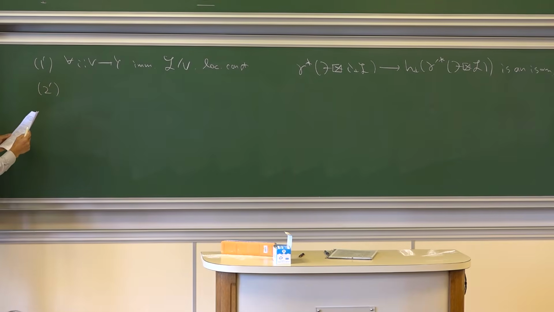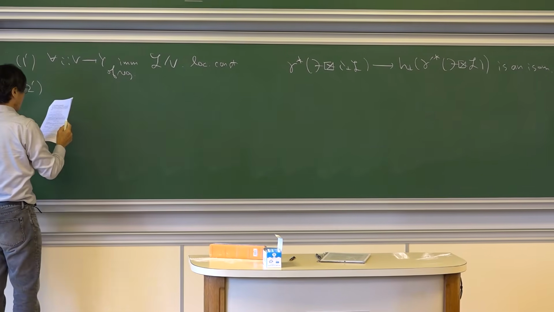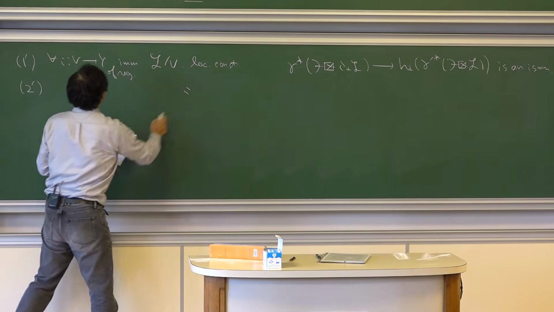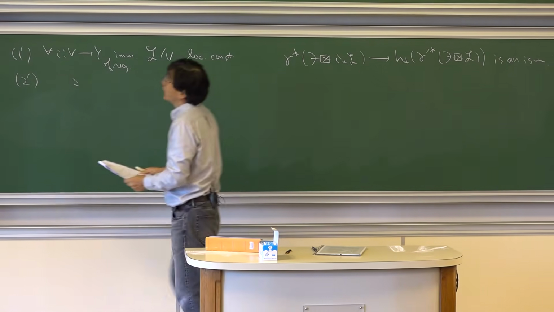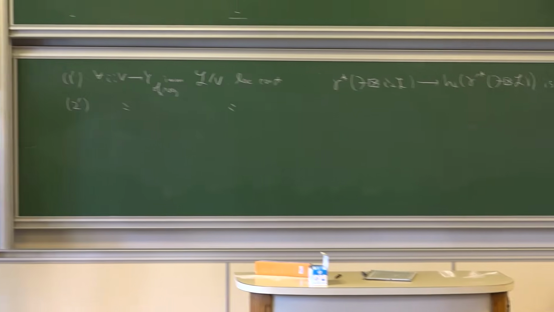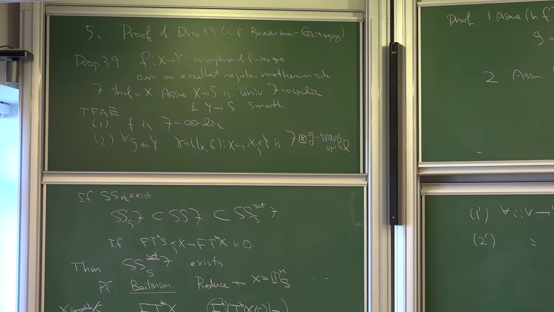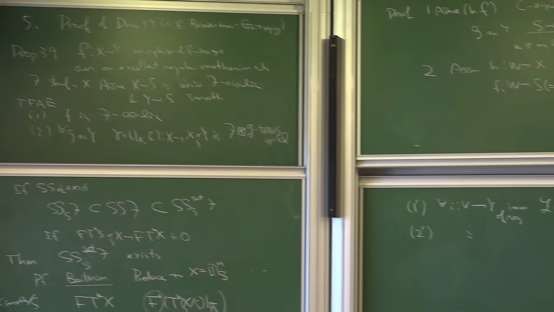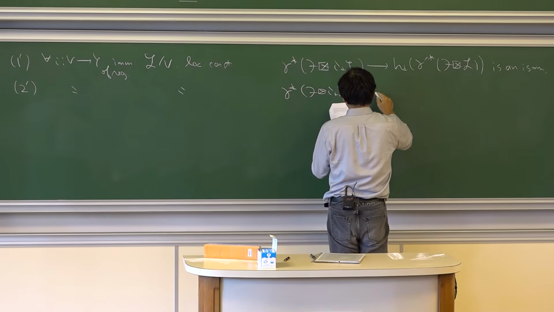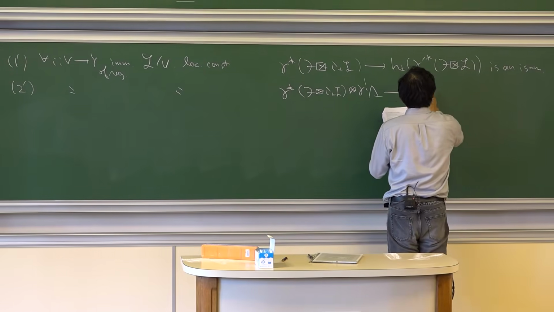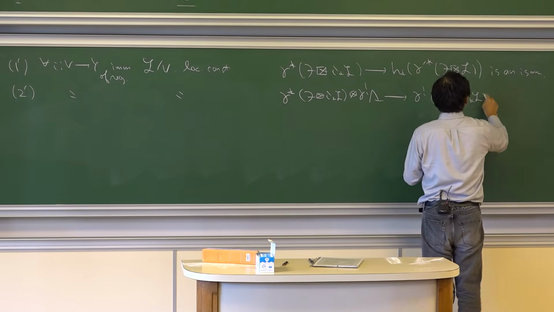And for the second one, similarly, an immersion of a regular scheme, and a locally constant sheaf on V. Then the transversality, let me just write it down: gamma star of F tensor gamma star of lambda is gamma star of this one, is an isomorphism.